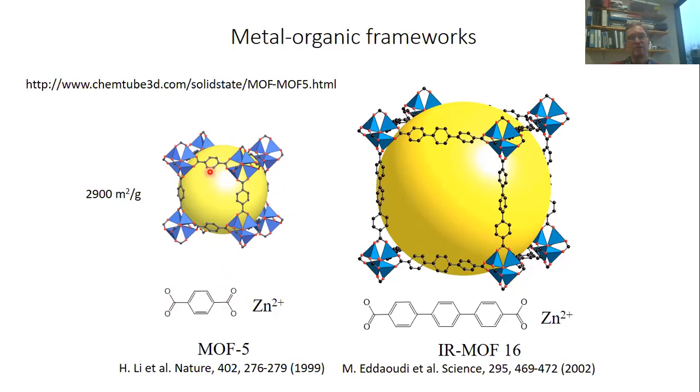And you see an excerpt of the overall structure here. So you see here these blue tetrahedra, and in the center of the blue tetrahedra, there is the zinc ion. Okay, so you have overall 4 zinc ions here, and these zinc ions are coordinated by oxygen. One oxygen is actually an oxide anion, an O2 minus anion, and this one sits at the center.